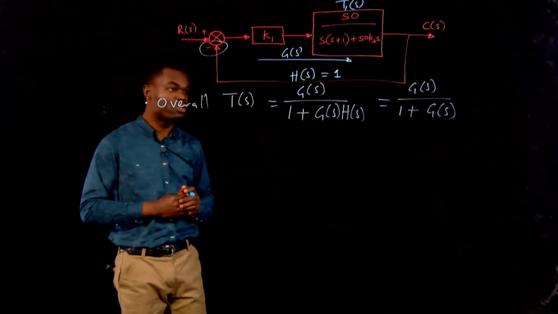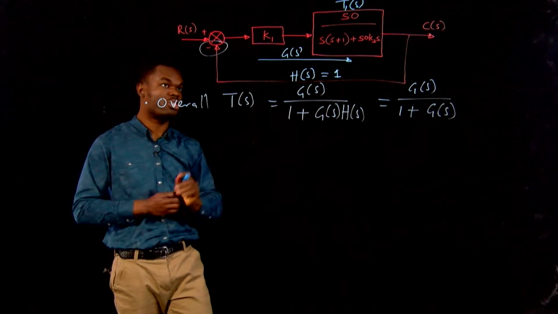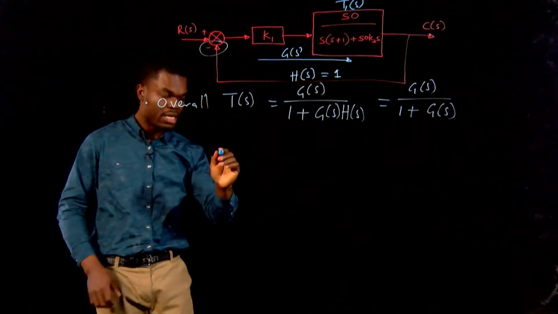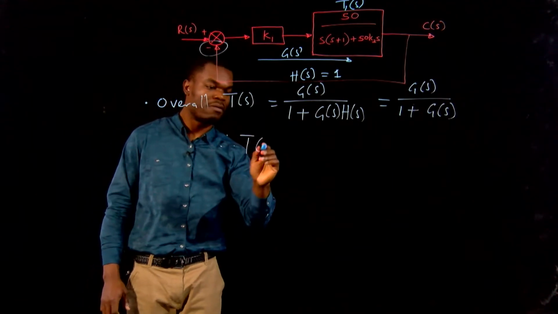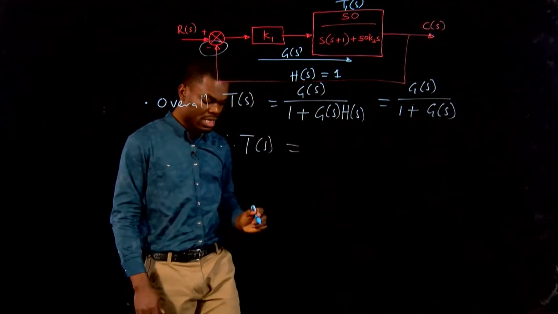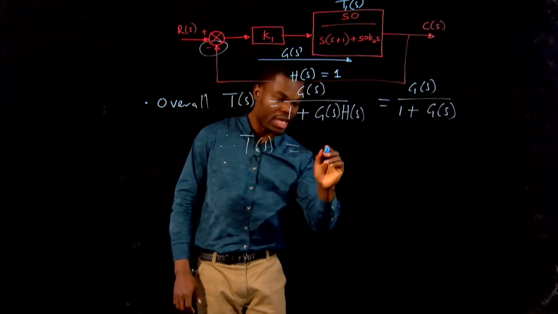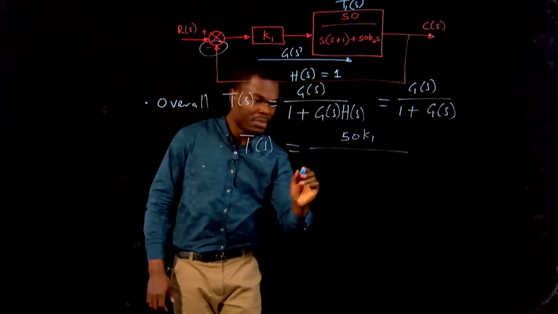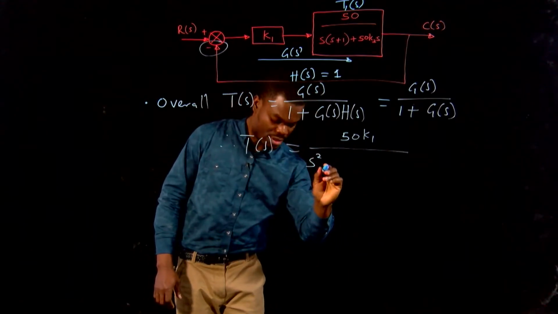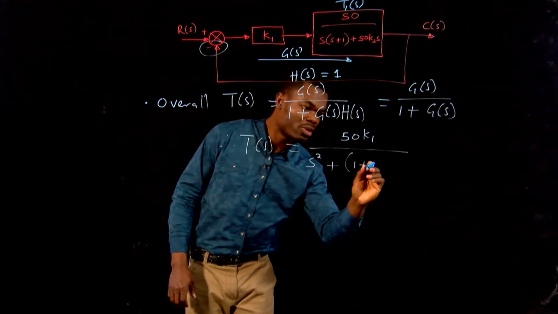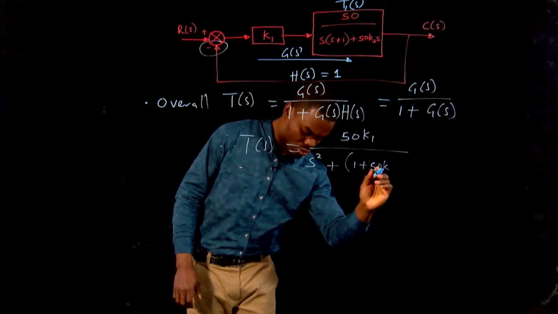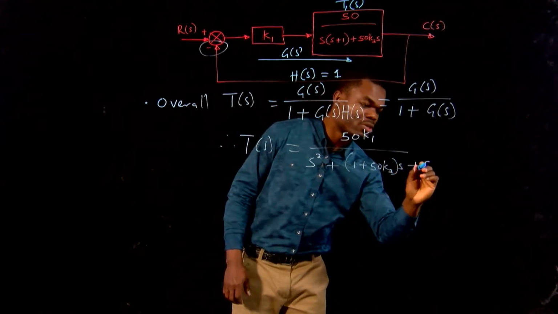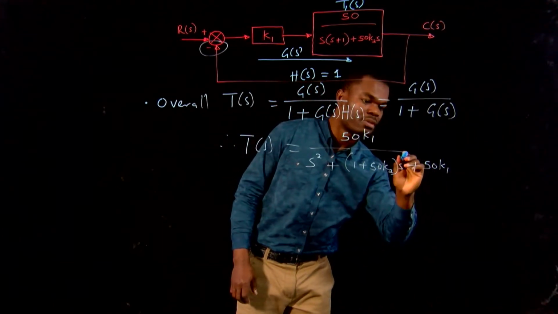And all we need to do is to substitute in our G of s, which is basically K1 multiplied by T1 of s. And if we do that, our T of s becomes 50 K1 over s squared plus 1 plus 50 K2 multiplied by s plus 50 K1.